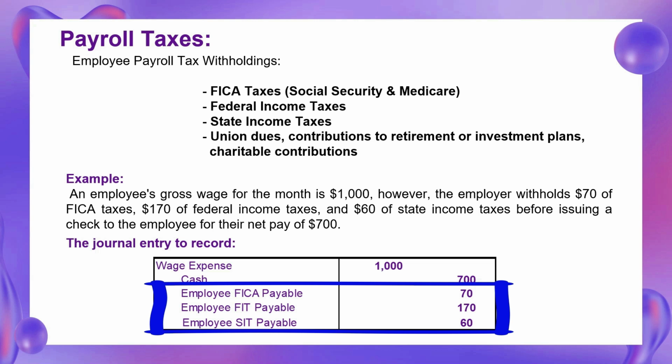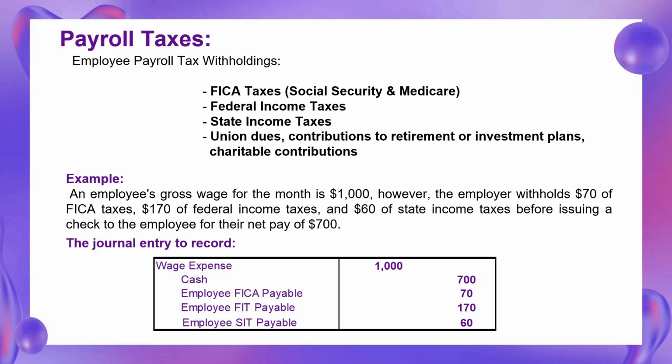The employer is out $1,000. And we refer to that as wage expense because all of that money theoretically is the employee's. I'm simply paying it to different places or recipients on the employee's behalf.